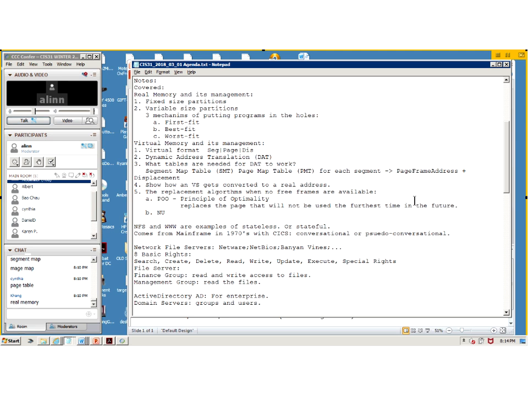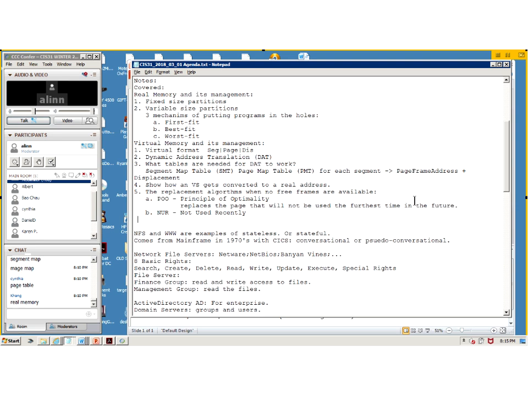Okay. Then there is the not used recently concept. And it utilizes 2 bits on each page frame: the reference bit and the modify bit.